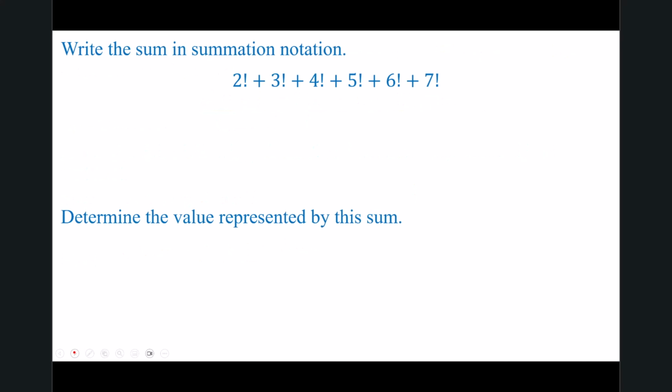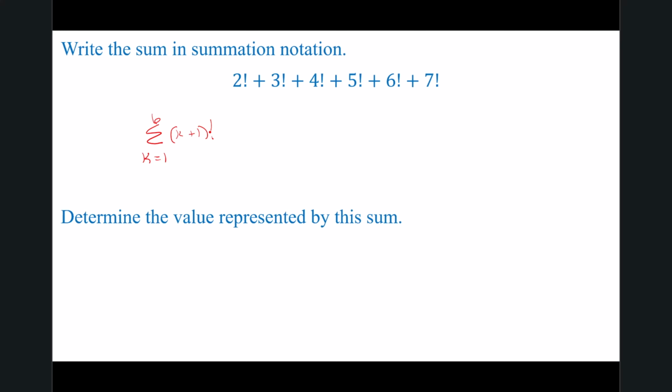Write the sum in summation notation. 2 factorial plus 3 factorial plus 4 factorial plus 5 factorial plus 6 factorial plus 7 factorial. There are a couple different ways I could write this. I could write this as the sum from k equals 1 to 6, because there are 6 terms there, of k plus 1 factorial. So we're starting with 2, so when I substitute 1 in for k, I need to get 2 factorial.